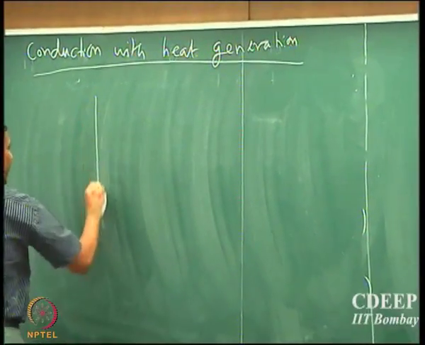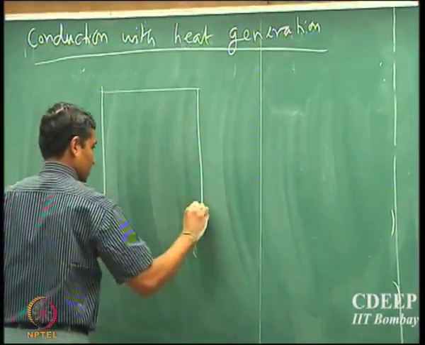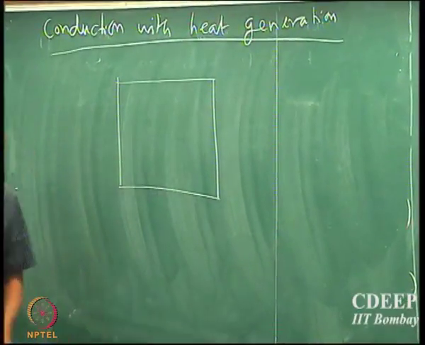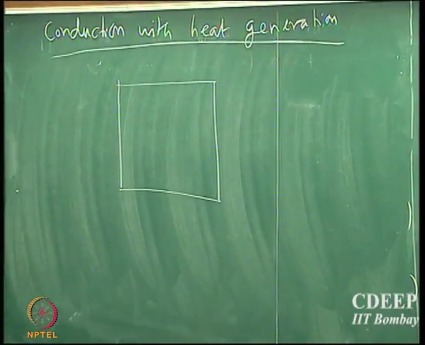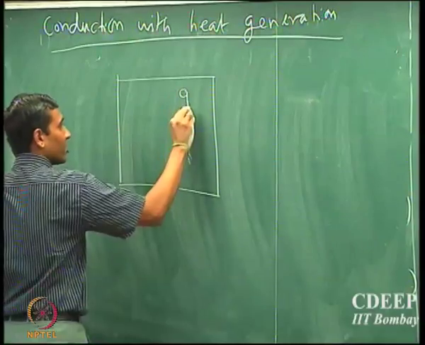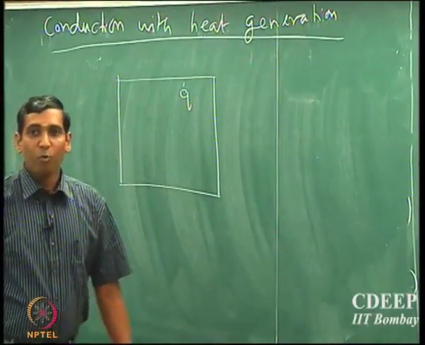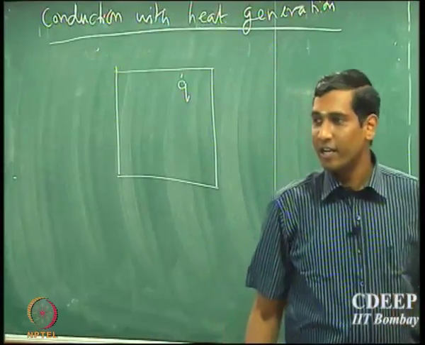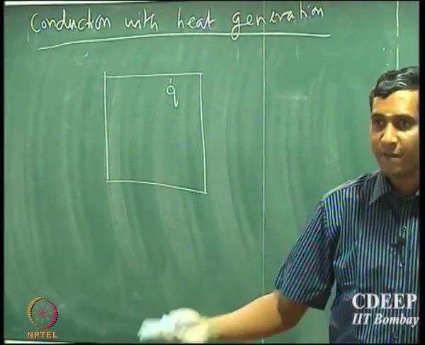So supposing we take a slab, and let us say that Q dot is the volumetric heat that is being generated inside the slab. It could be in many different ways.